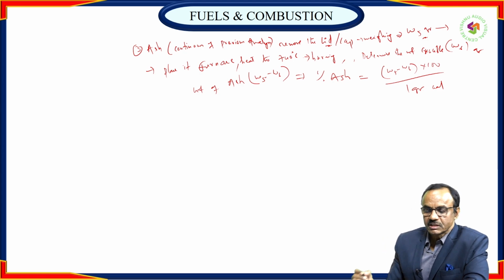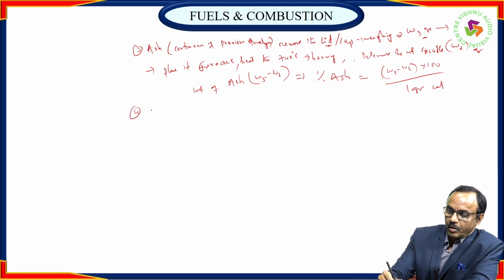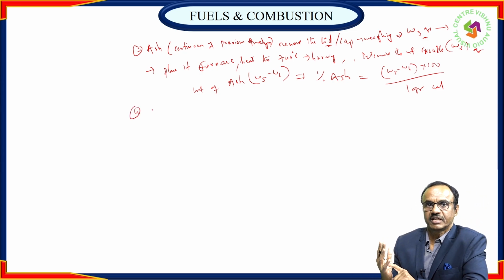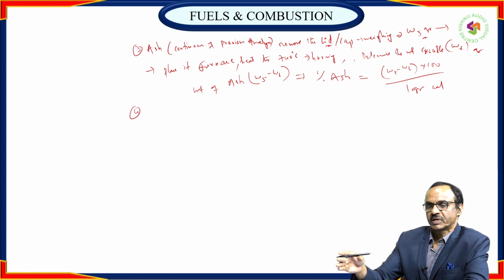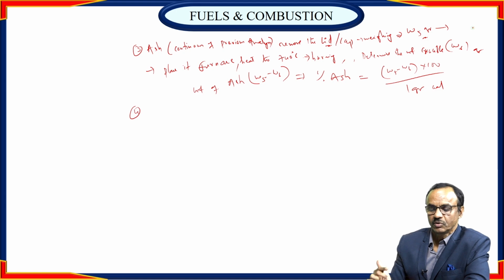So the last one, carbon. Proximate analysis, we can analyze moisture, volatile matter, and ash. So for carbon, just subtract the percentage of total components from 1 gram of coal, and you will know the carbon present in the coal.